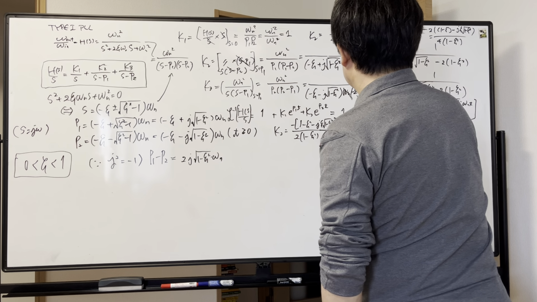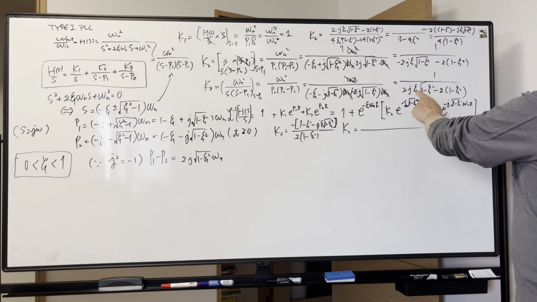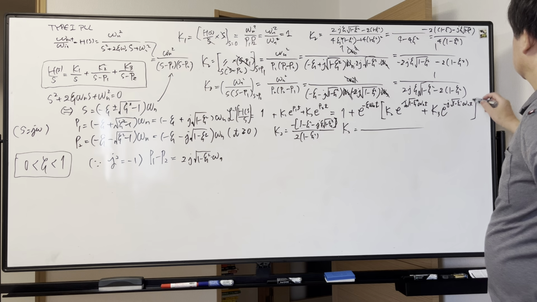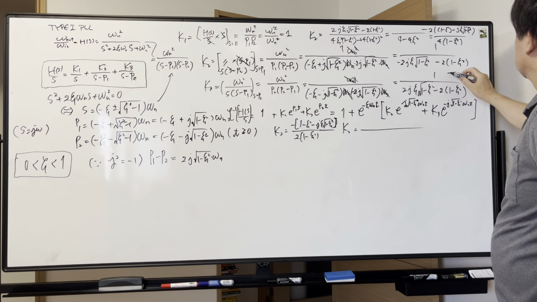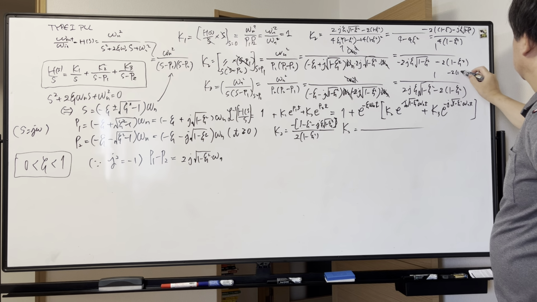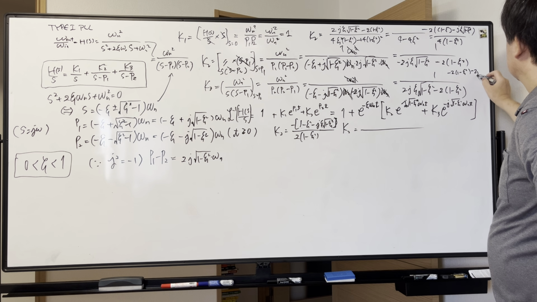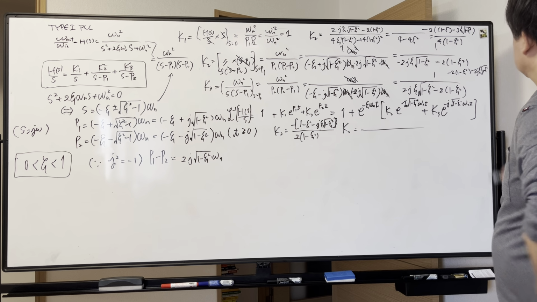And k sub 2, the complex conjugate, is minus 2 minus zeta square minus 2j zeta square root of 1 minus zeta squared.